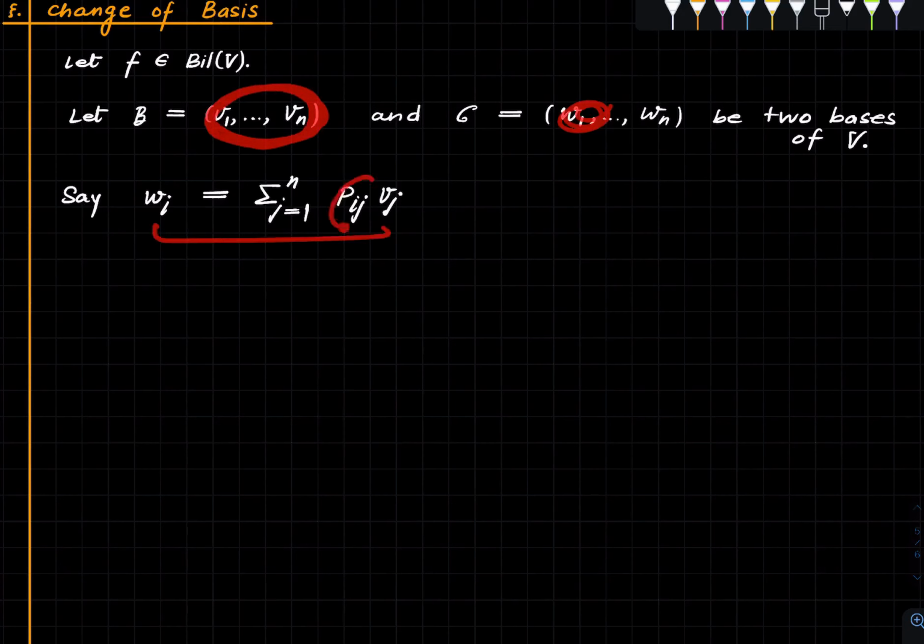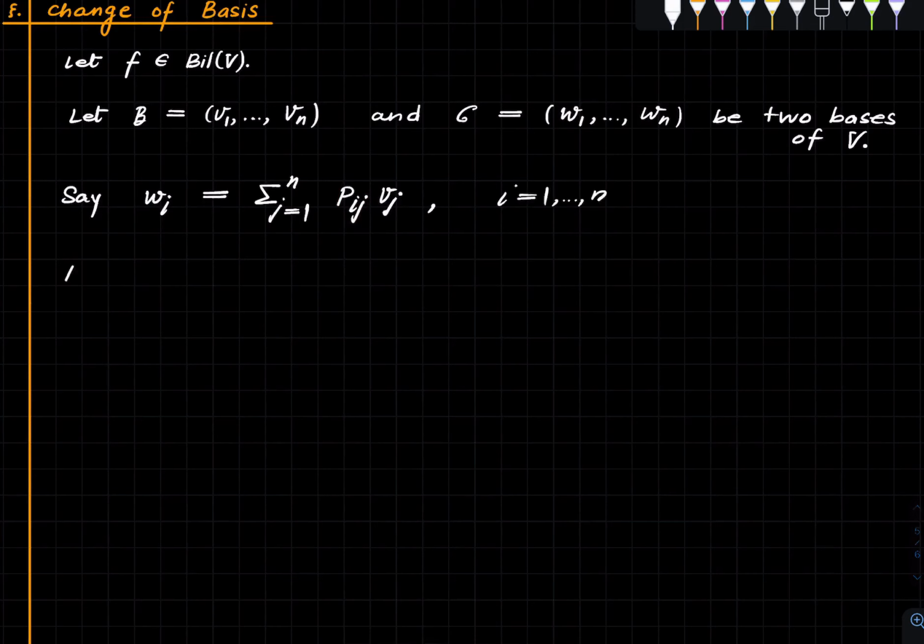So let's say the coefficients that we get or the scalars that we get are denoted by Pij for all i from 1 to n. So then we have this matrix, which we will call capital P. Maybe let me use small p here. So the capital P matrix is defined as the n cross n matrix whose ijth entry is Pij.